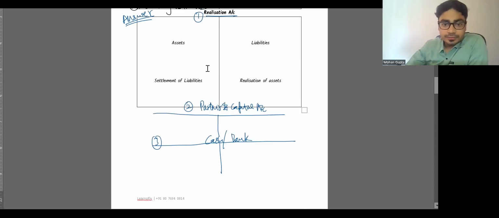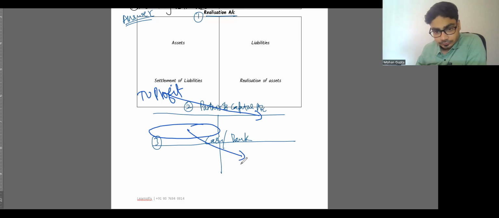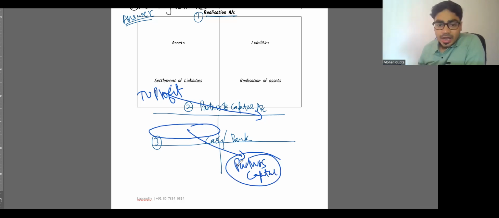We will find the balancing figure of realization account, profit or loss, and we will post a profit or loss to partners capital. We will find the balance of partners capital and we will post it on the cash and bank. And your cash and bank will 100% match.